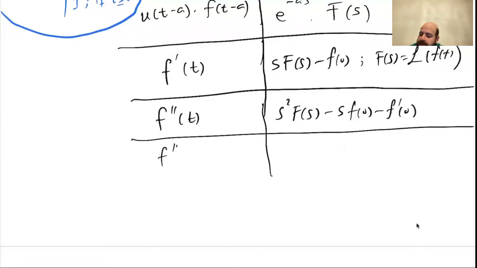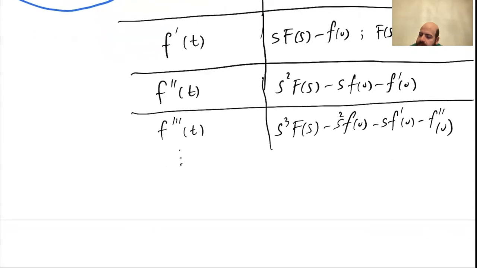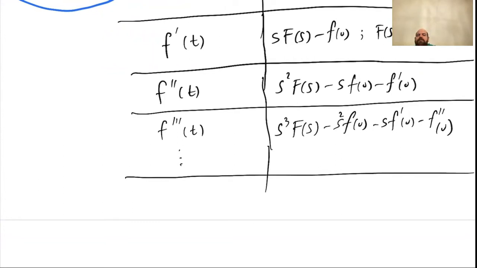For example, f third derivative will be s cubed F of s minus s squared f of 0 minus s f prime of 0 minus f double prime of 0. And so on, and we can continue this. So this is about Laplace transform of derivative of a function.